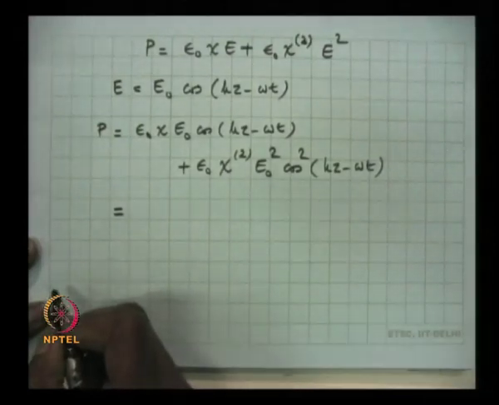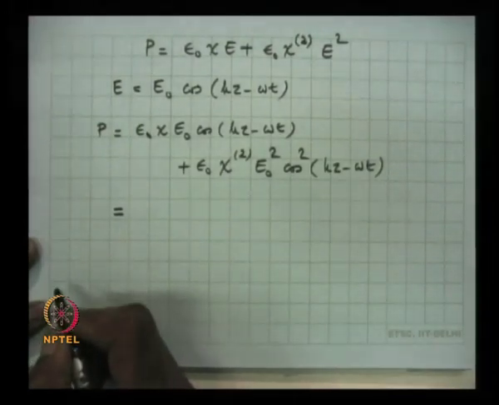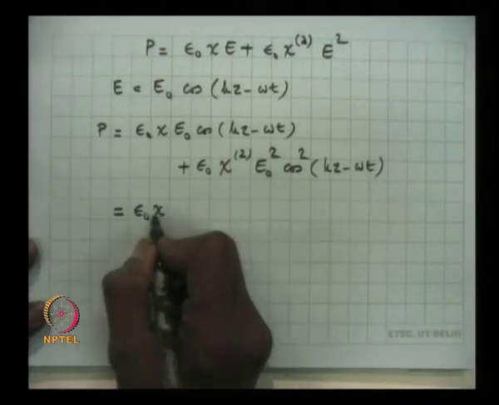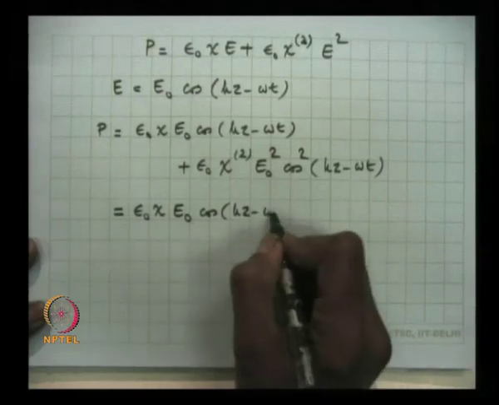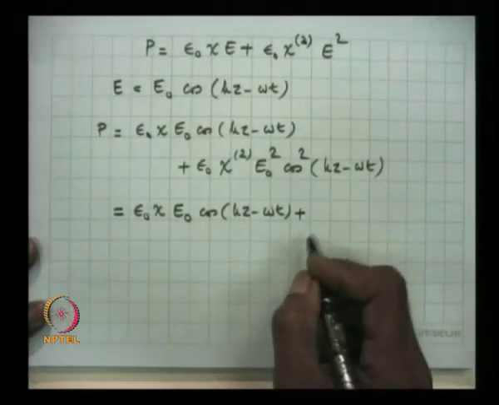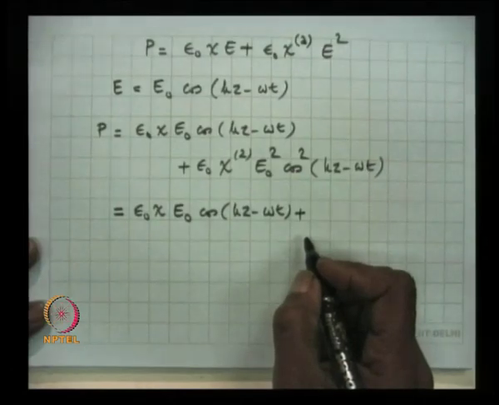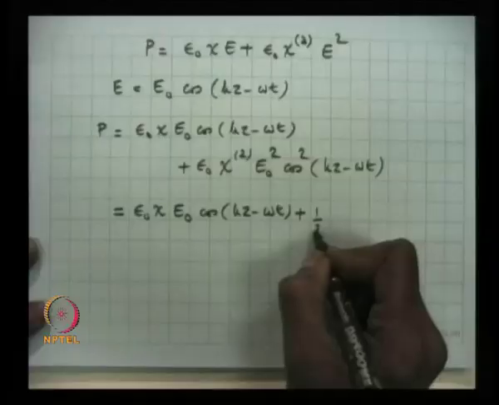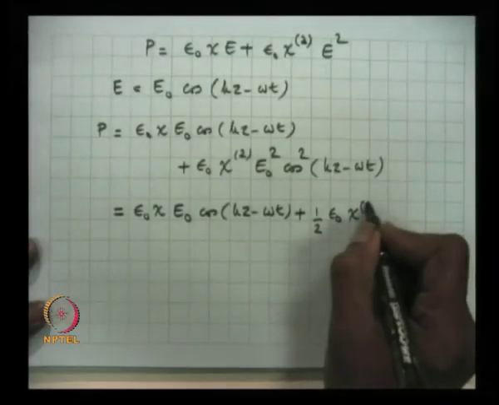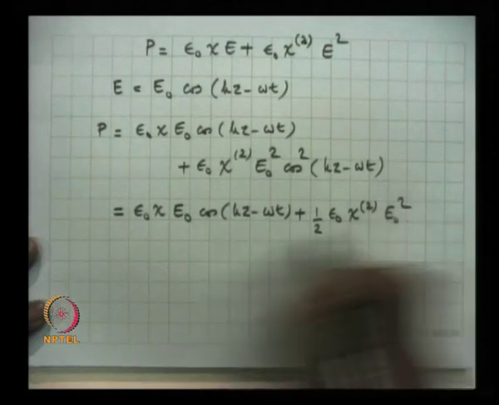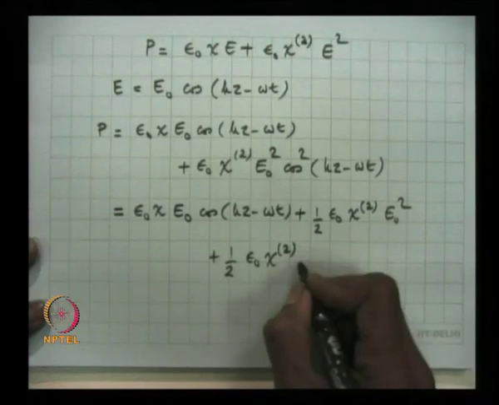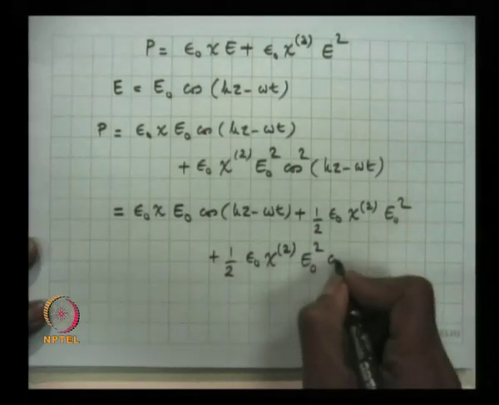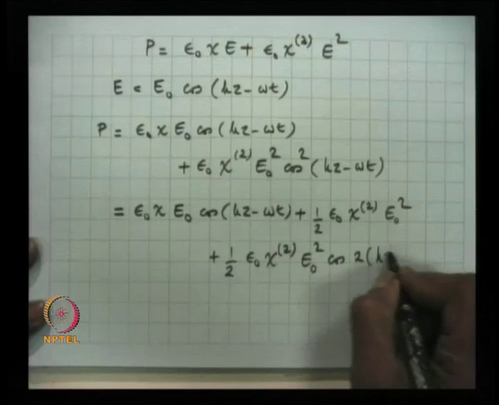Now, let me express cos square theta in terms of cos 2 theta. Cos 2 theta is 2 cos square theta minus 1. So, this is epsilon 0 chi E0 cos(kz minus omega t) plus half epsilon 0 chi 2 E0 square plus half epsilon 0 chi 2 E0 square cosine of 2 times (kz minus omega t).